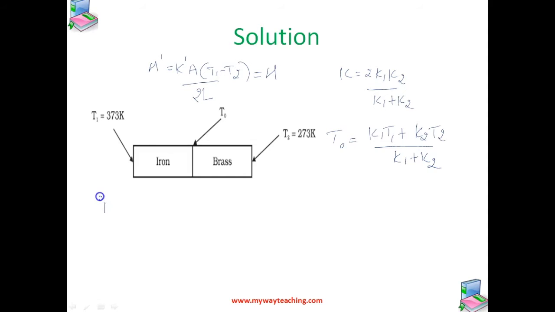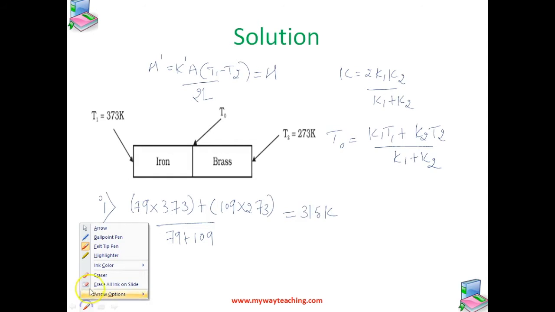We get the value for the first one as 79 into 373 plus 109 into 273 divided by 79 plus 109, which gives the value as 315 Kelvin, isn't it?